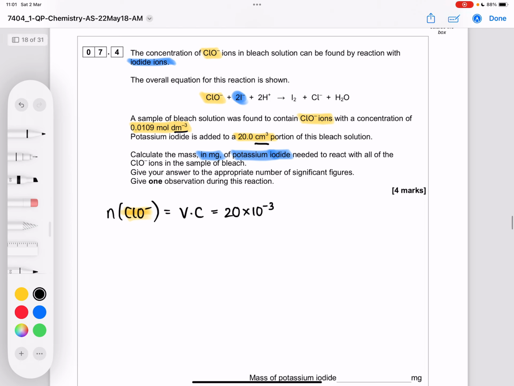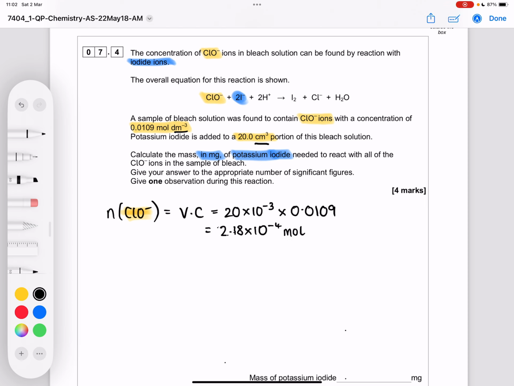Let's convert centimetres cubed to decimetres cubed and then use our calculator. And we're getting 2.18 times 10 to the -4 moles.